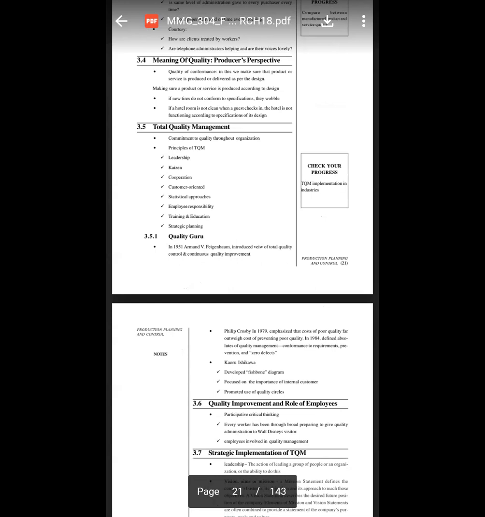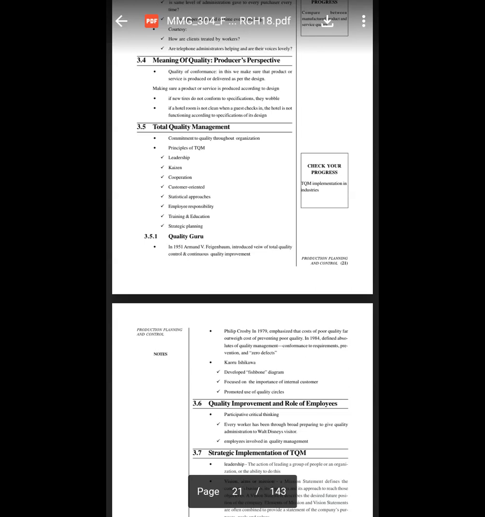These are the principles of total quality management. Then the quality guru, in the year 1951, Armand introduced the view of total quality control and continuous quality improvement.